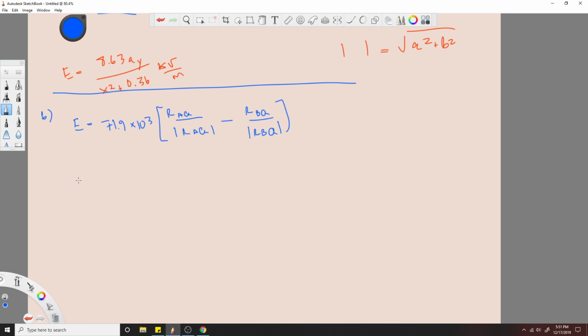A is still 0, 0.6, z, B is equal to 0, negative 0.6, z, and then Q is equal to 2, 3, 4.